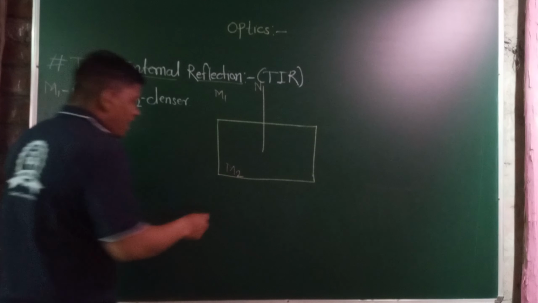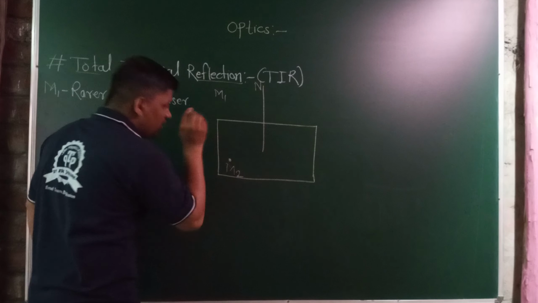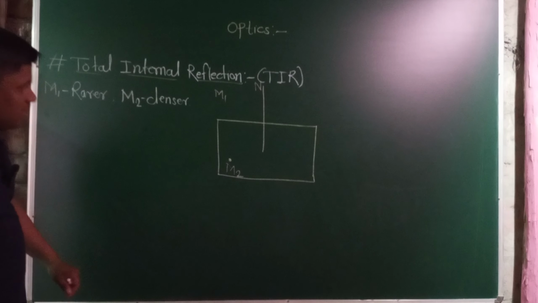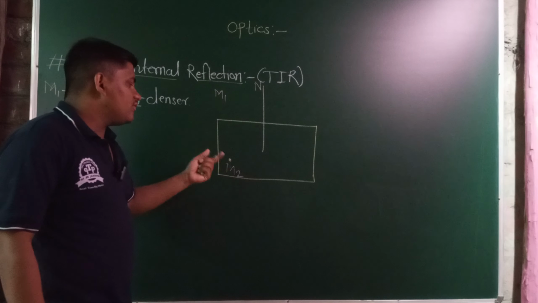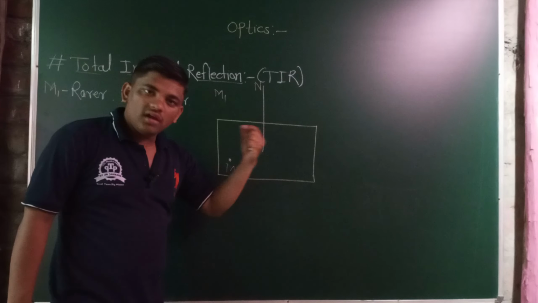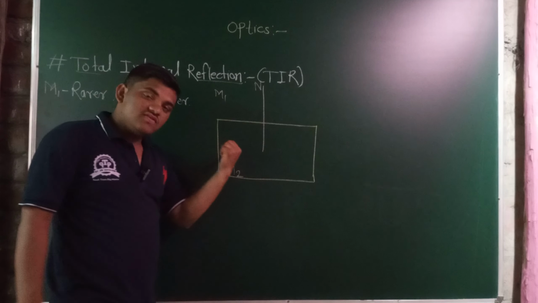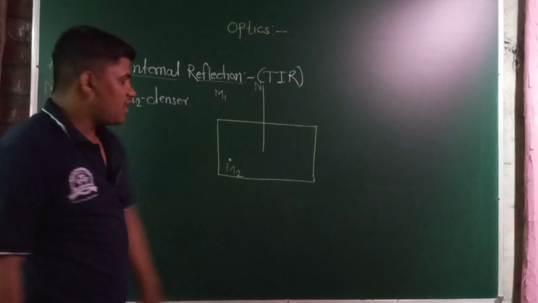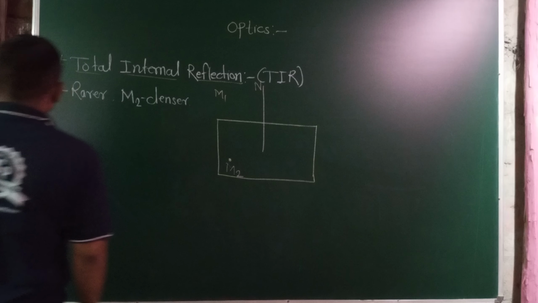The source of light is in the denser medium. It means the ray that travels inside the denser medium is known as the incident ray.